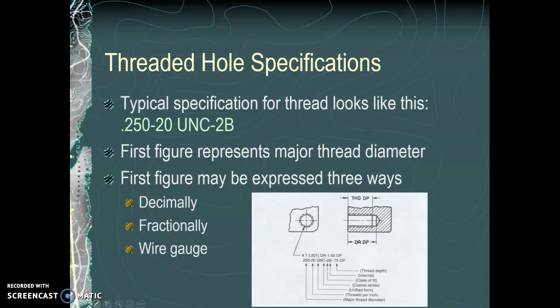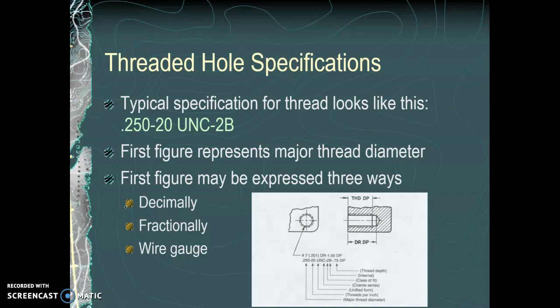When we look at a blueprint, oftentimes in the hole note, you will see thread specifications, and it's a lot of alphanumeric information, so we need to be able to unpack that information to determine what it means.